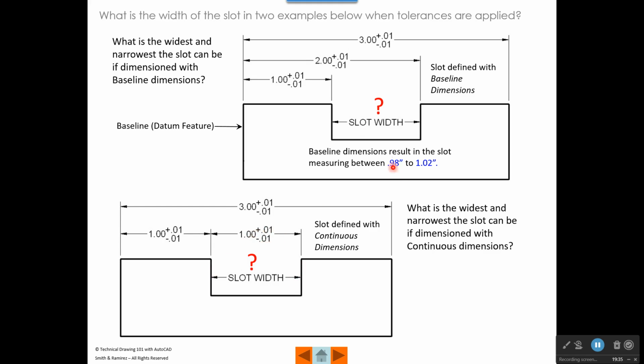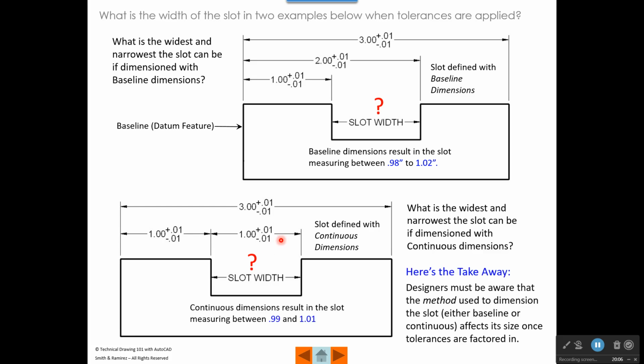Up here, because we have two dimensions affecting the slot's width, it could fall somewhere between 0.98 and 1.02 depending on what happens with the tolerances of these two dimensions right here. Where down here, the widest it can be is 1.01 and the narrowest it can be is 0.99. So you see the difference?